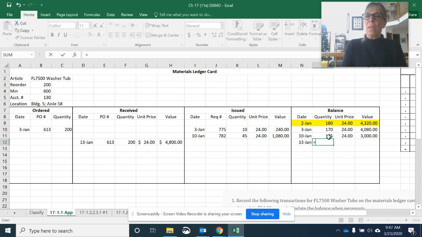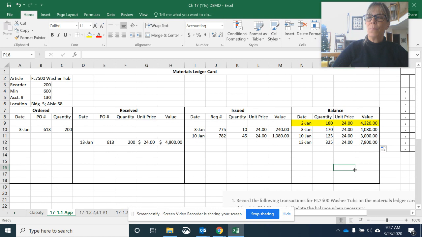We're going to create a formula, the 125 plus now the 200 that we got into stock today. 325, and then I'm going to type in 24, and I'm going to copy this formula. There we go. $7,800 worth of washer tubs. How you like that? That was pretty good.